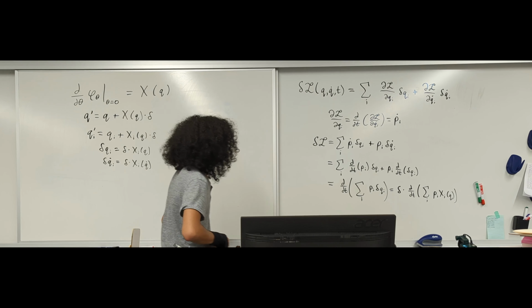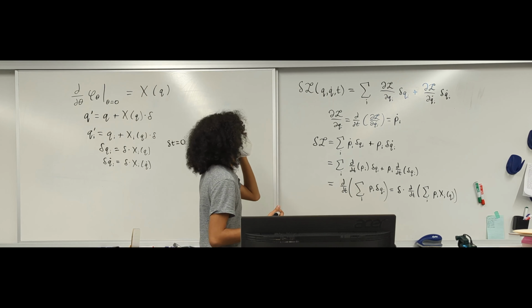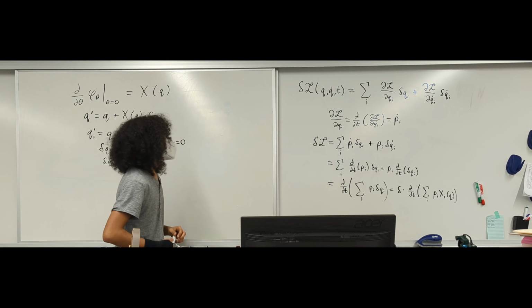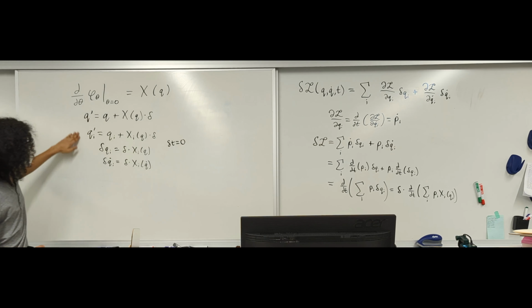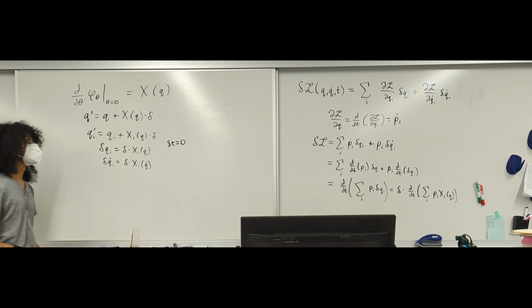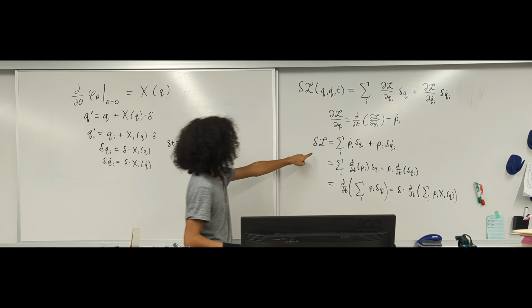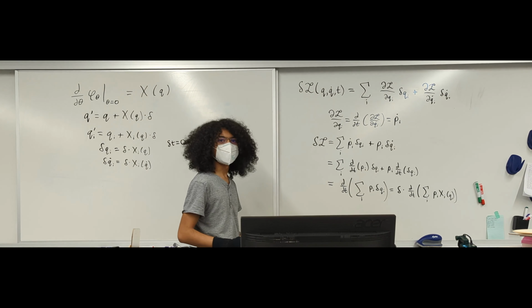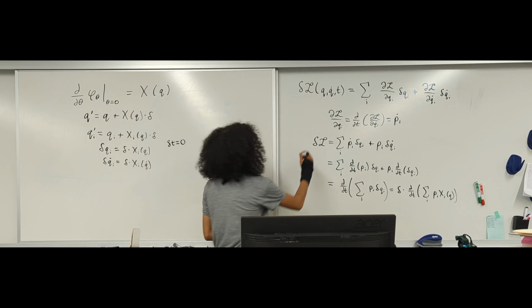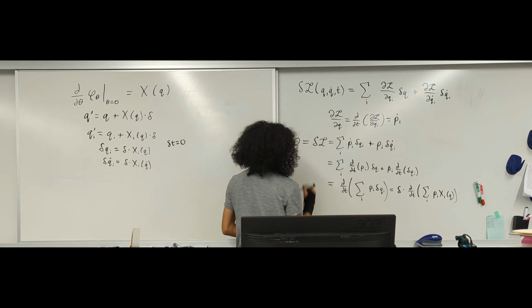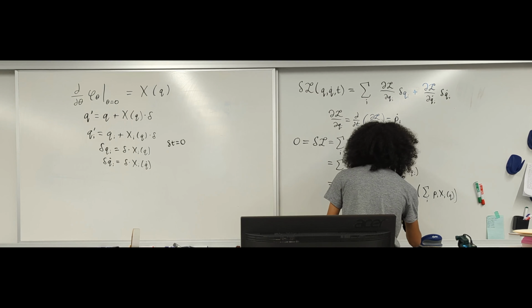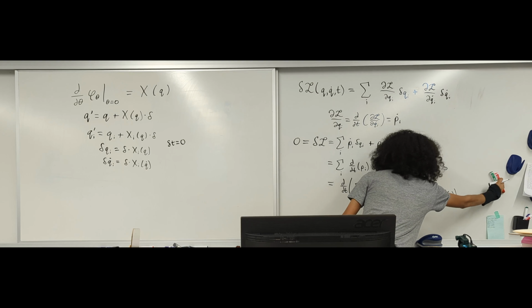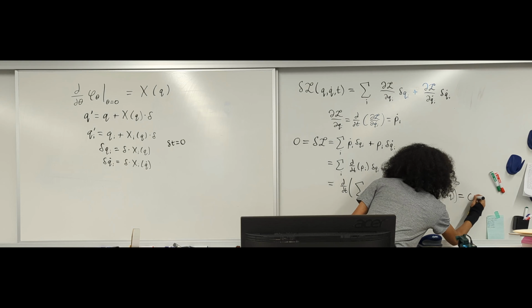Okay? Now what's crucially important is that if we know that this transformation is a symmetry of the system, then what is the change in the Lagrangian? It would be 0. Exactly. So that means that this thing here is 0.